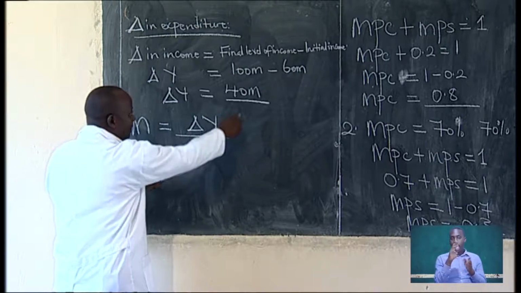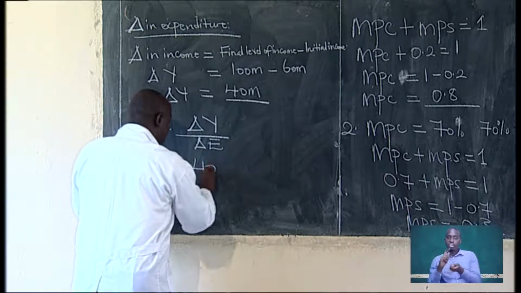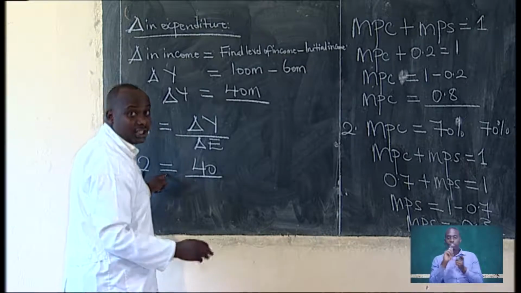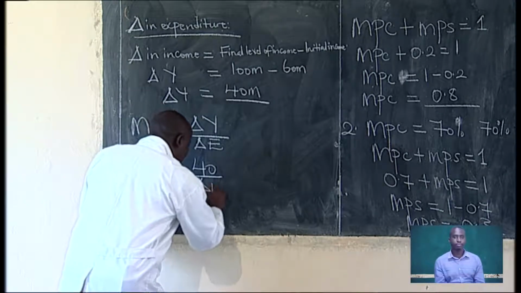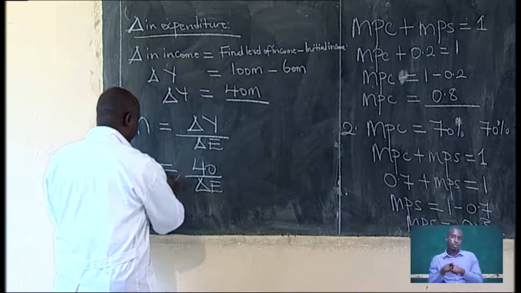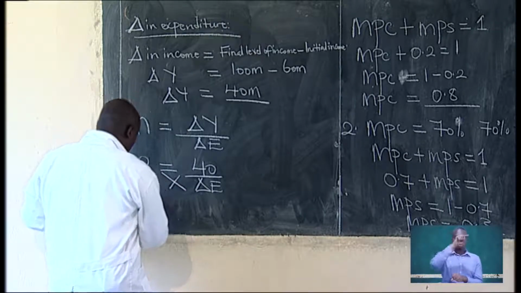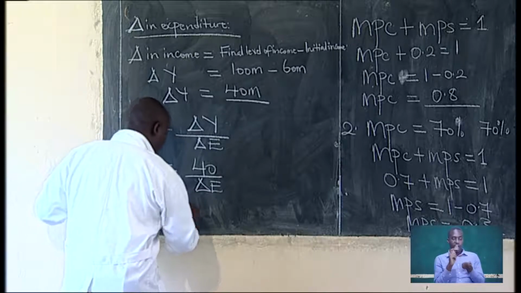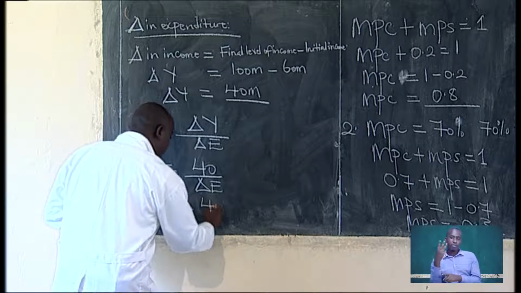The change in income is 40 million, divided by a change in expenditure, which is what we are looking for. We have equal signs, so we cross multiply. 2 times the change in expenditure gives 2 change in expenditure, which is equal to 40.